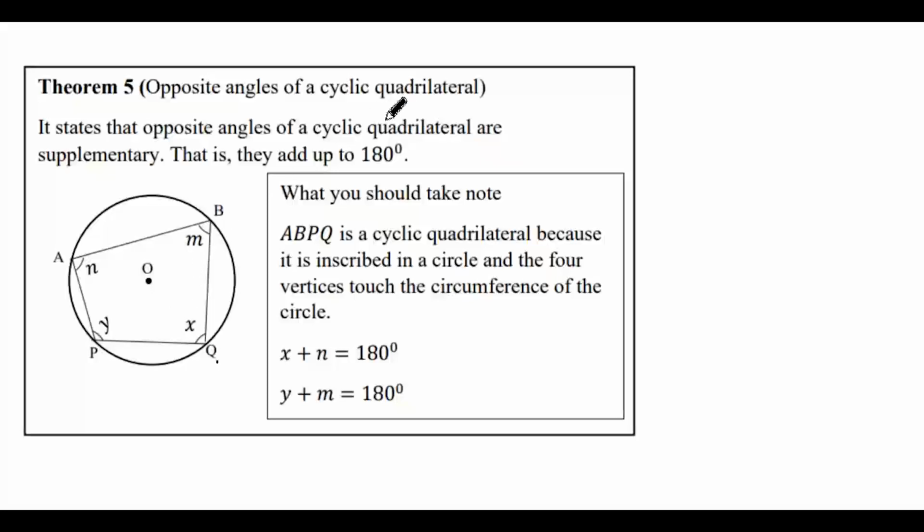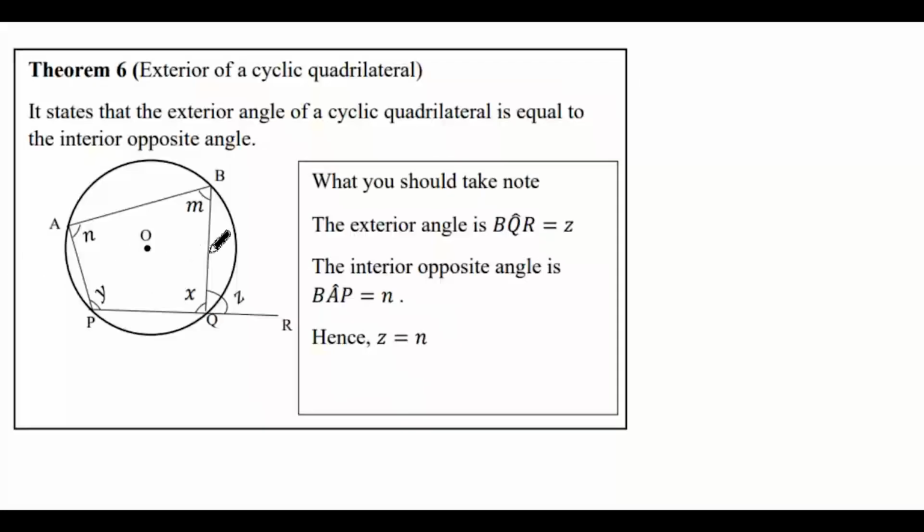Another theorem you should know regarding the cyclic quadrilateral is the exterior angle, which is this. If you can see that you have a cyclic quadrilateral, because points A, B, Q, and P are on the circumference of this circle, and you can see that angle Z there, that is angle BQR, they produce this external angle or exterior angle.